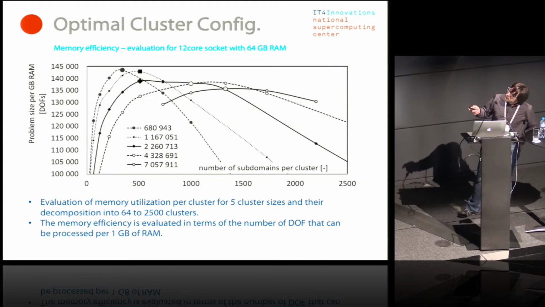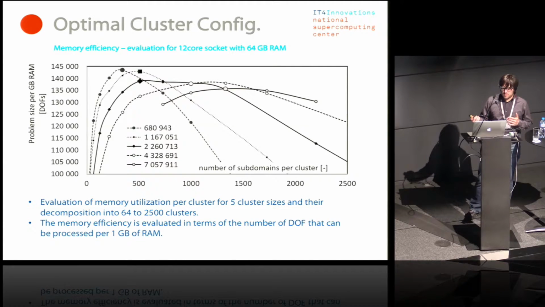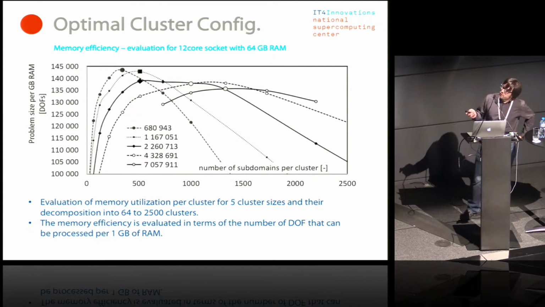So if you don't have to use thousands of clusters, and you know that you need only 2, 3, 4,000 clusters or up to 8,000 clusters, you can very efficiently run 8,000 MPI processes, where each MPI process will work on one cluster, and each cluster will sit on one CPU core. And that would be the most memory efficient way to use it.